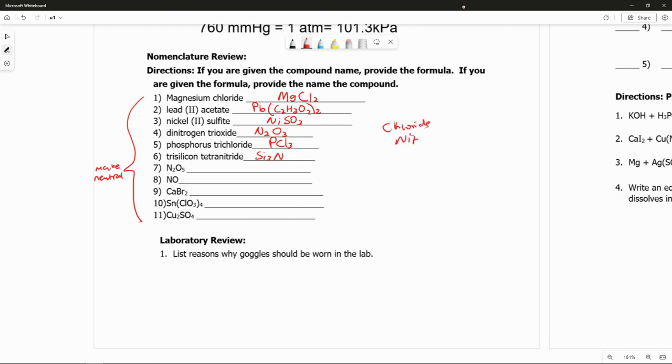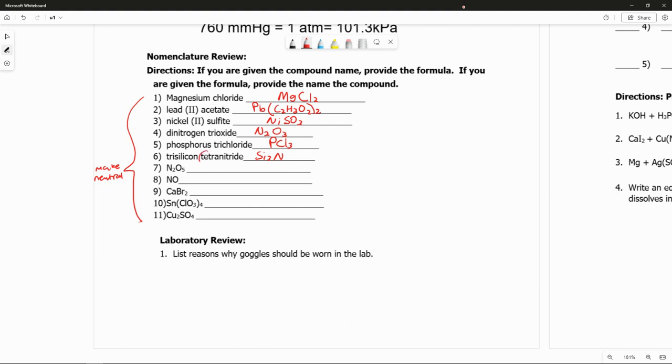It's basically its own thing. By the way, for nitride, I put a negative on there, but it's a 3 minus charge. Just letting you know. Don't be confused.